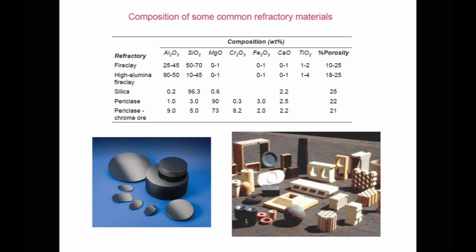Now, what is the composition of some of these refractory materials? So as you can see here, fire clay would be your aluminum oxide, silicon oxide, magnesium oxide, silica, predominantly siliceous material, some calcium oxide, and you can see these refractory materials having a degree of porosity.